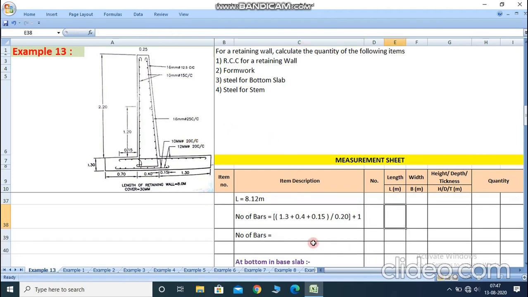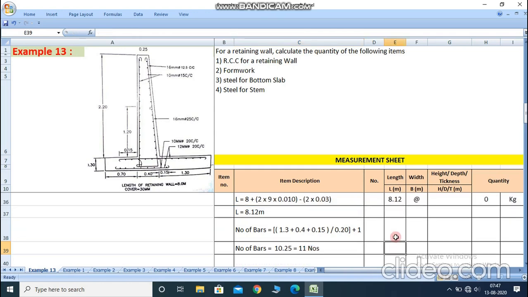So the number of bars we calculated is 10.25. We round up, so 11 bars are required. Now we include 11 numbers.